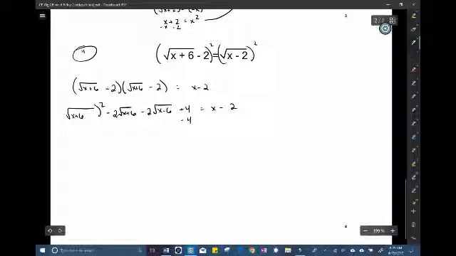Subtract this 4 over. x plus 6, that's what that just becomes. Minus 4 roots x minus 6. Ooh, nice. x's will cancel.